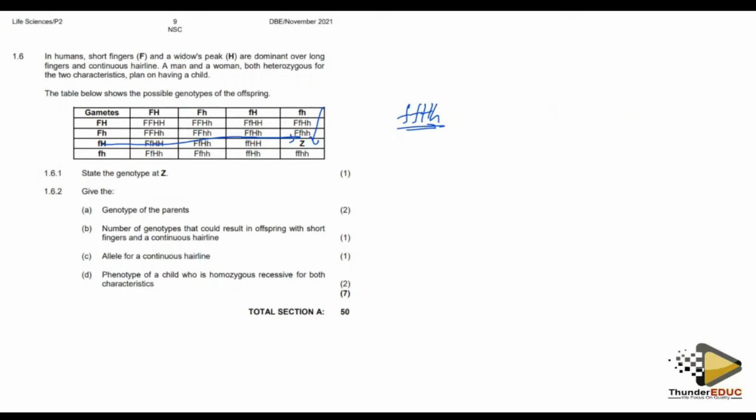The question is saying give the genotype of parents. How do I identify the genotype? This is a very challenging question to kids, but let me show you how you can get the genotype of the parent, because they didn't give you anything here. But look at the gametes.